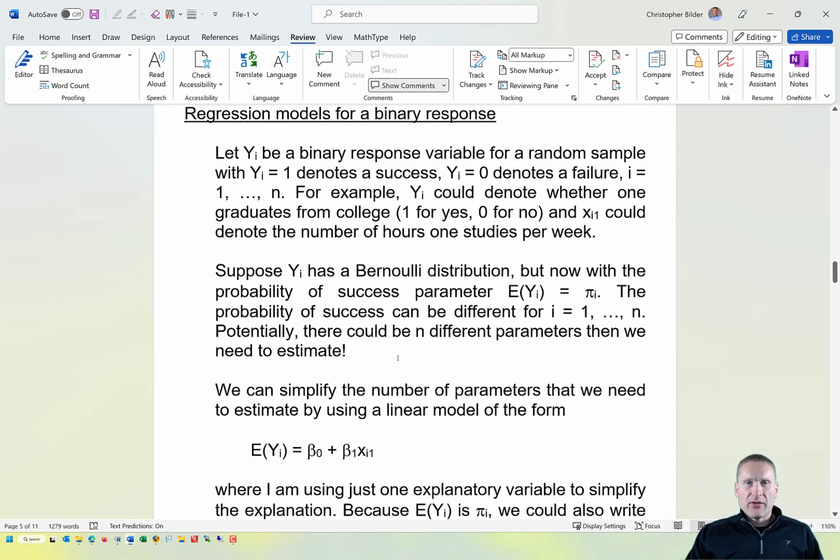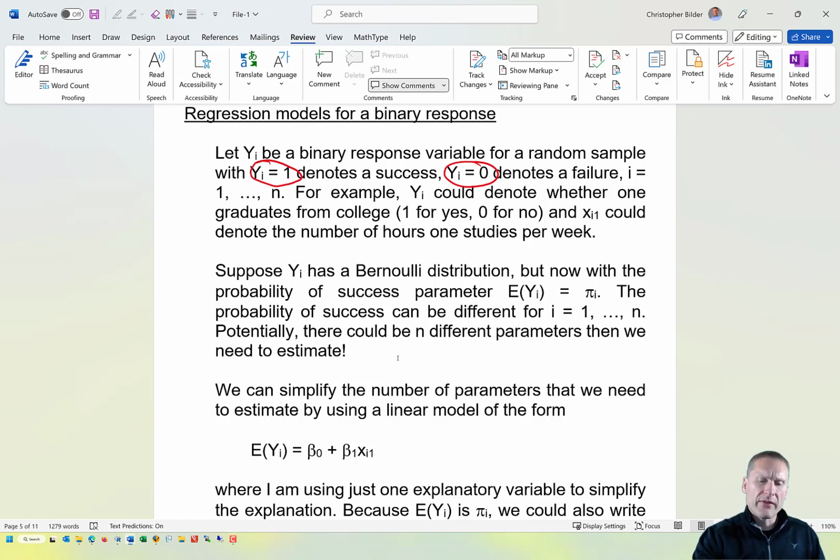Now for our particular setting, y does not have a normal distribution. It's not a continuous random variable. Rather, it's a binary random variable that represents a success or failure. And so we're going to use y equals 1 to denote the success, y equals 0 to denote the failure, as we've talked about before.